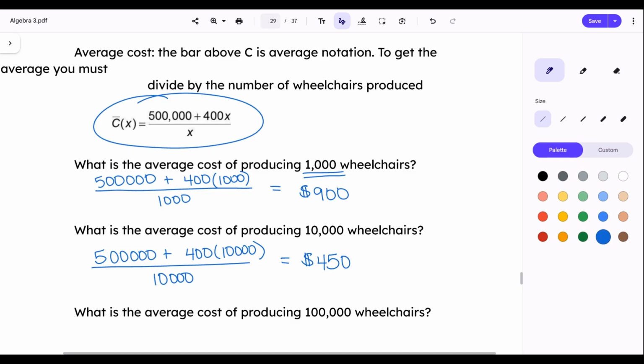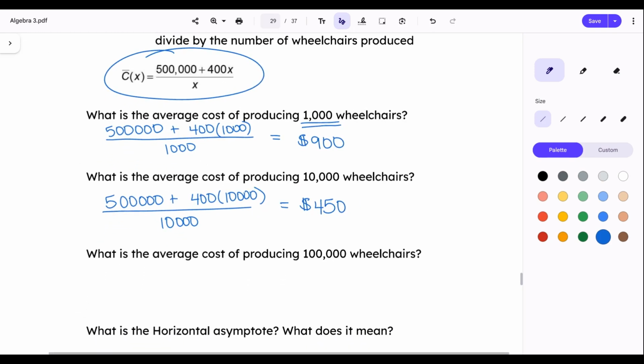So instead of 1,000, now we're up to 10,000, and it cut it in half. Let's see what happens though if they sell 100,000 wheelchairs. What does that come out to be? 405.